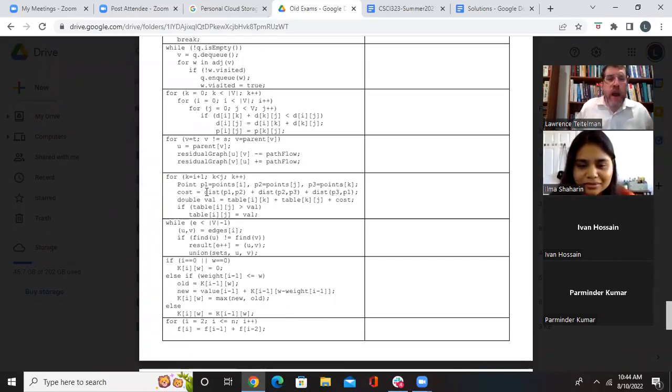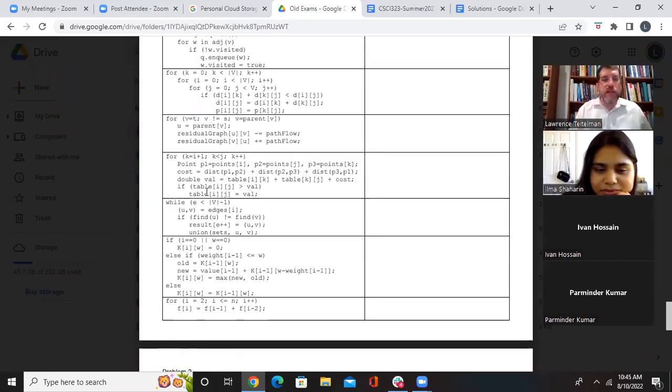This looks like, is this the biggest triangle or the smaller triangle? This looks like some kind of a minimum triangulation problem. We didn't do that, so don't worry about that one there. Well, what about this?